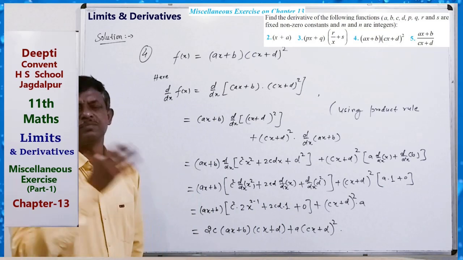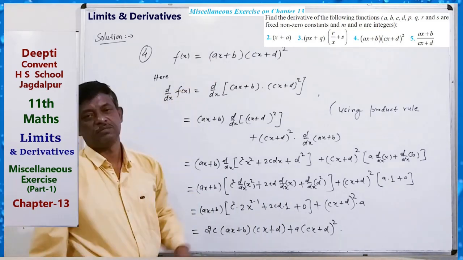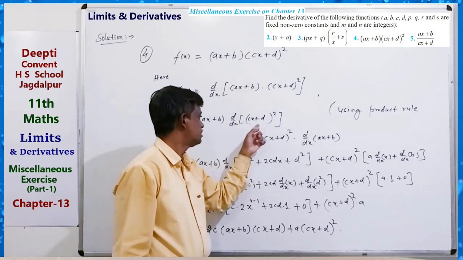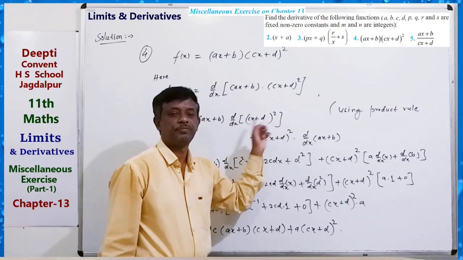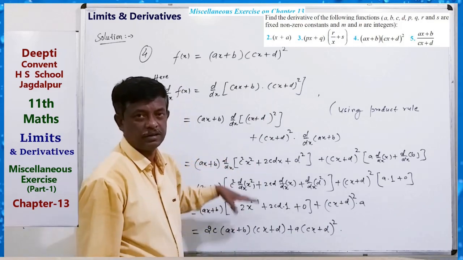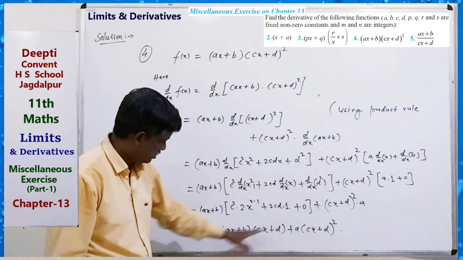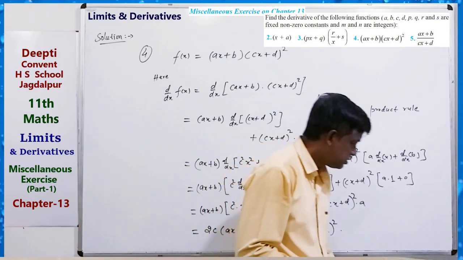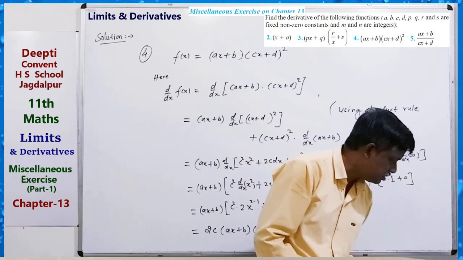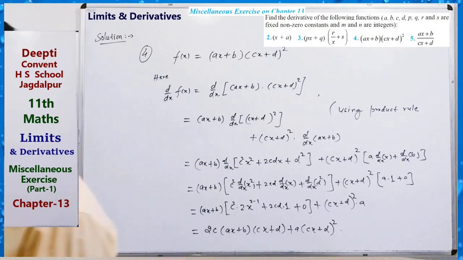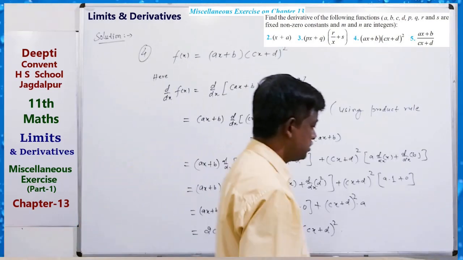So this is the simplified form of the derivative of this by product rule. Main thing is, at the time of differentiation, just break it. Then the polynomial can be differentiated term by term, so we can get the result like this. This is the answer.